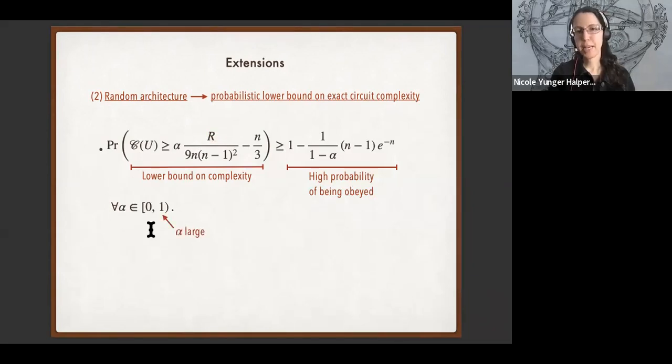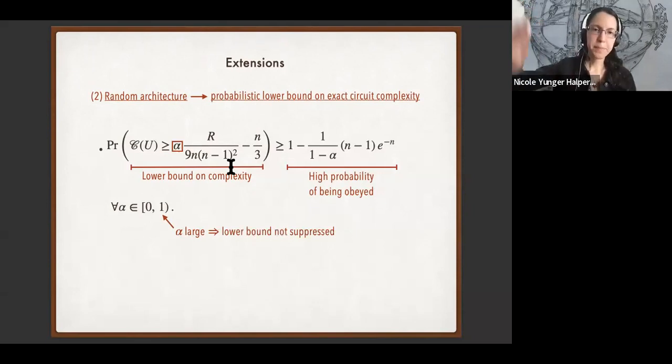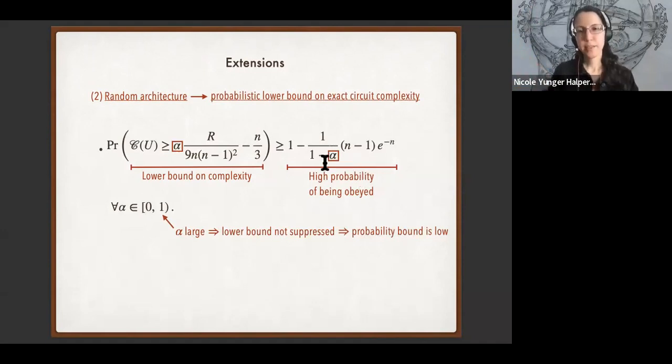For example, imagine that alpha is large, then this factor here does not suppress this lower bound. So the lower bound we could think of as being quite high. And the associated cost is that this alpha is large, so this denominator is small, so this correction is large, and so the probability that the unitary obeys this really high bound is suppressed. Now, as you might expect from the form of this bound, it was derived using Chebyshev's inequality.